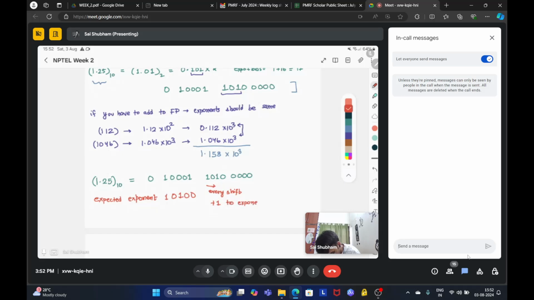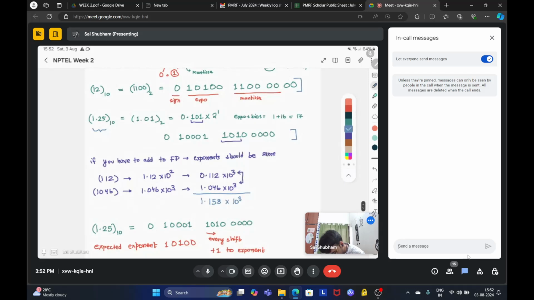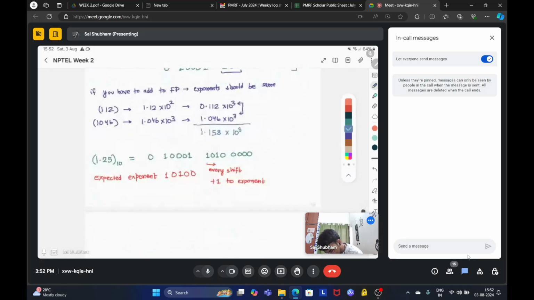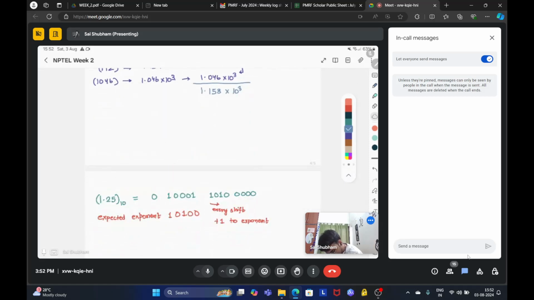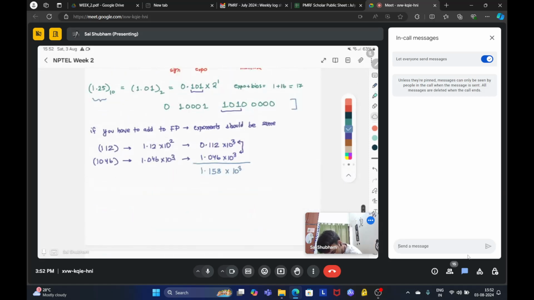So please repeat this step. Yes. If you look here, the number was earlier 1.12 into 10 power 2.